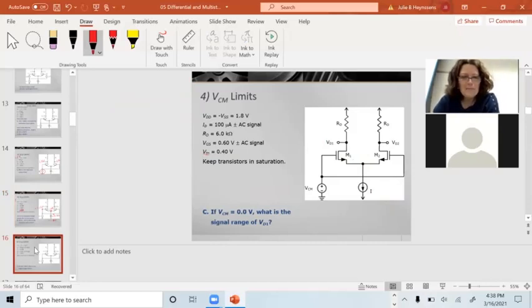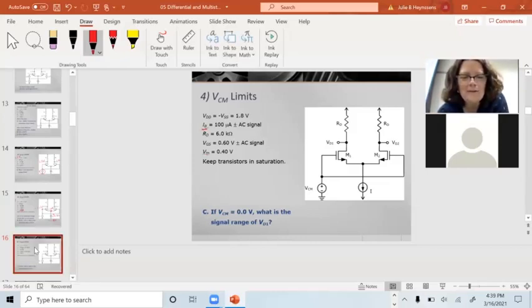If V common mode equals 0 volts, what is the signal range of VD1? This is for C. Oh, we want to look at the output range. Well, the output range, first of all, let me explain something to you. I changed these slides today because there's a point here I thought you guys needed to know.